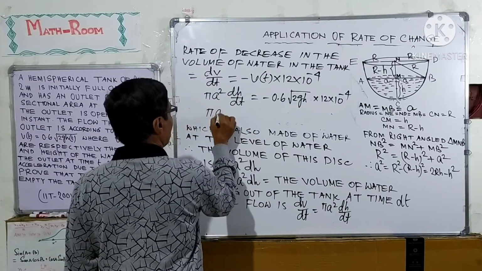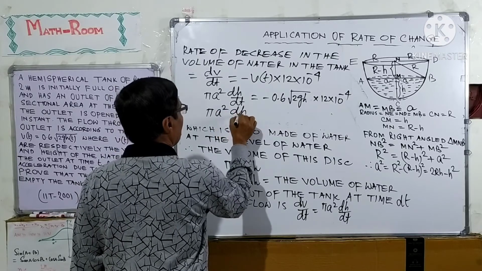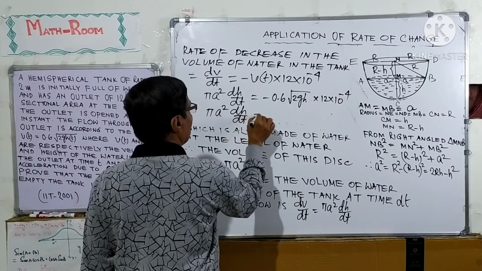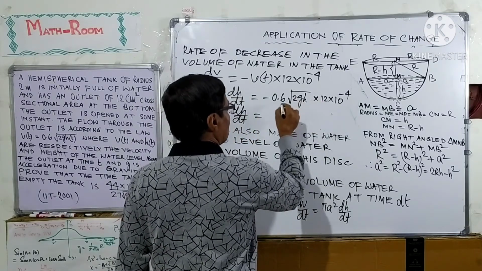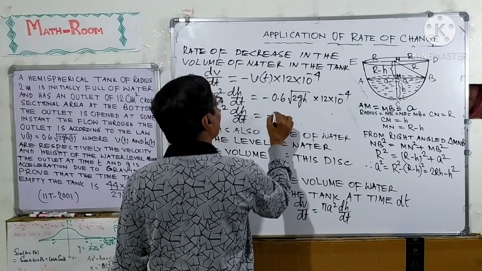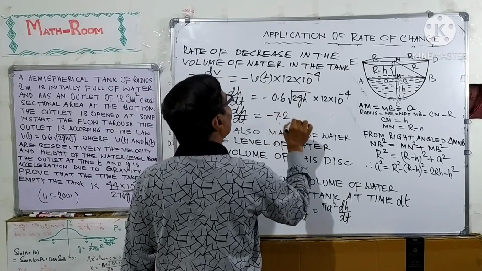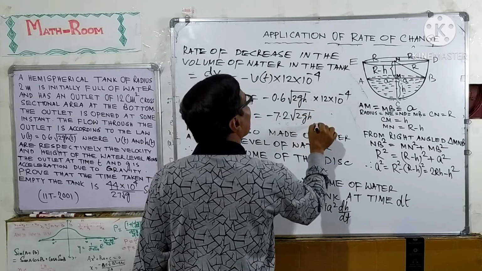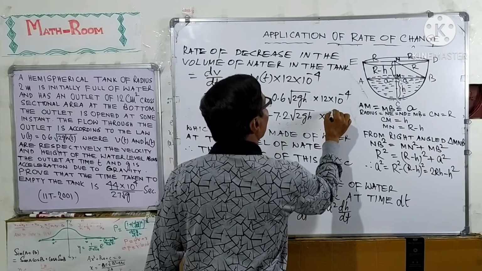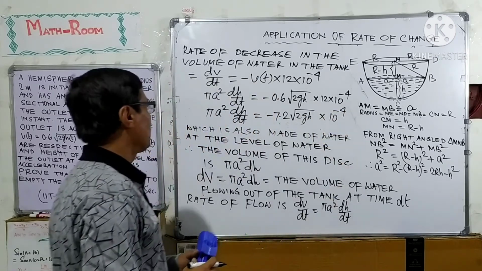So, pi s square dH dt equal to minus 7.2 root over 2gh into 10 to the power minus 4.